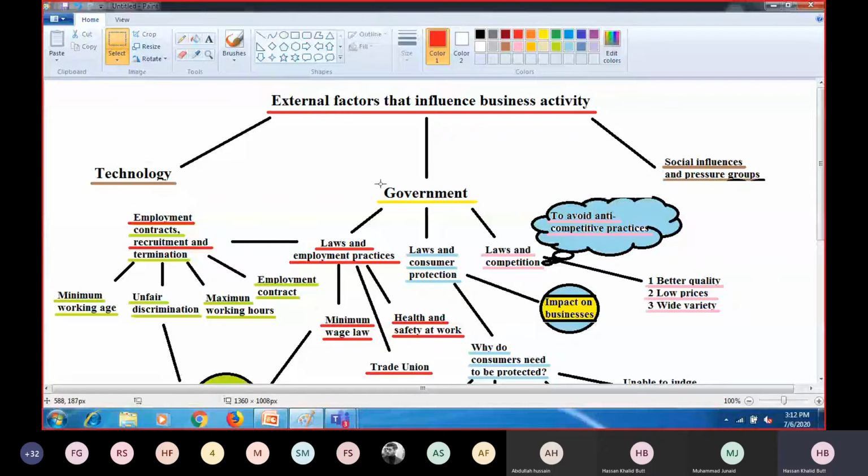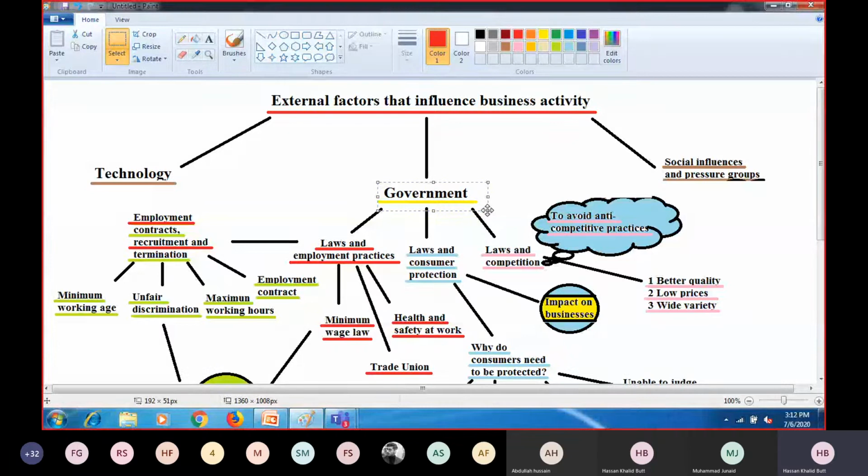The second factor we are going to talk about in this class is government. Again, you understand, government is an external factor. You cannot influence government, you cannot change it. So, how is government going to influence businesses? Because government passes laws, they make laws.